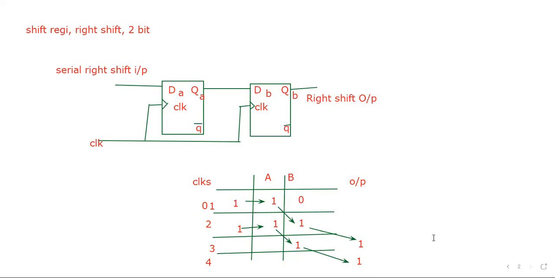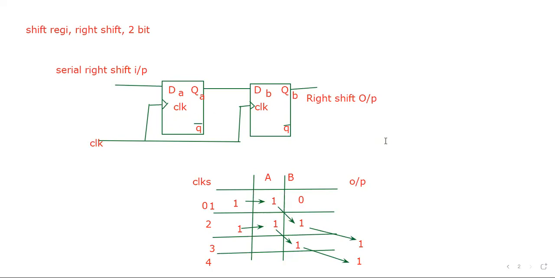This one is right shift, so data is moving towards the right. First input data goes into A, then the output of A enters B, and B provides output to the output terminal.